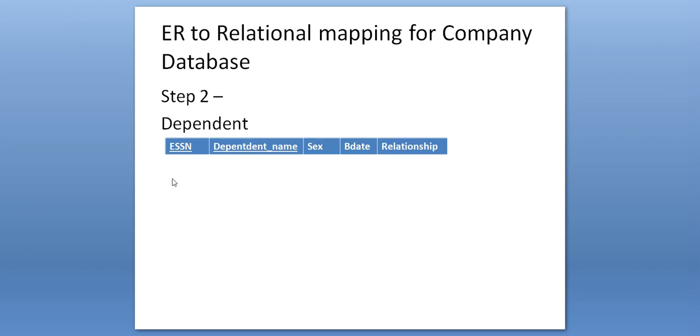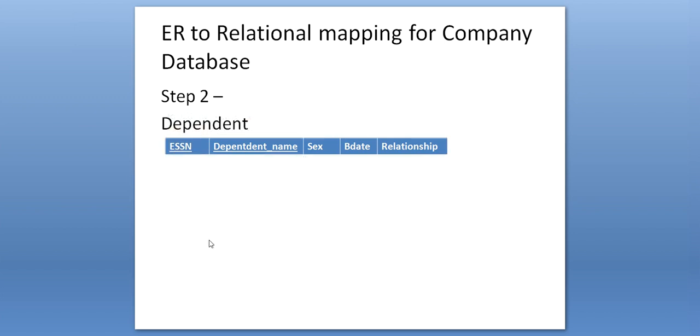You can use the same name also, whatever name you want to use. But here instead of SSN, I have changed it to ESSN. And this ESSN is a foreign key referring to the primary key of the employee relation. So that's why it is a foreign key.